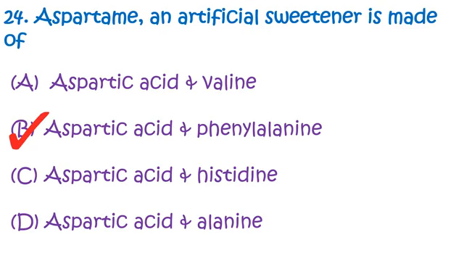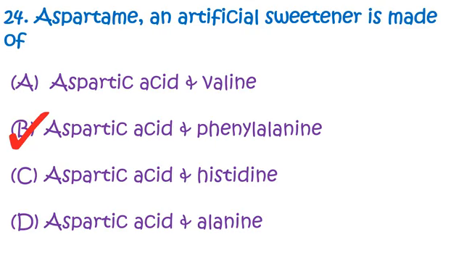Both aspartic acid and phenylalanine are amino acids which are naturally occurring in our body. Aspartame is a compound made up of aspartic acid as well as phenylalanine along with the methyl group. When phenylalanine is slightly modified using a methyl group, it imparts a very sweet taste.